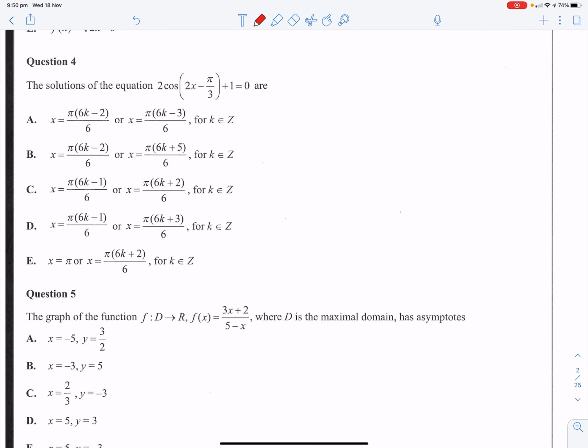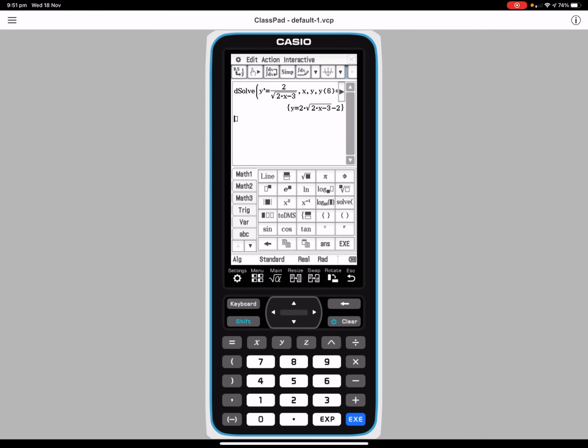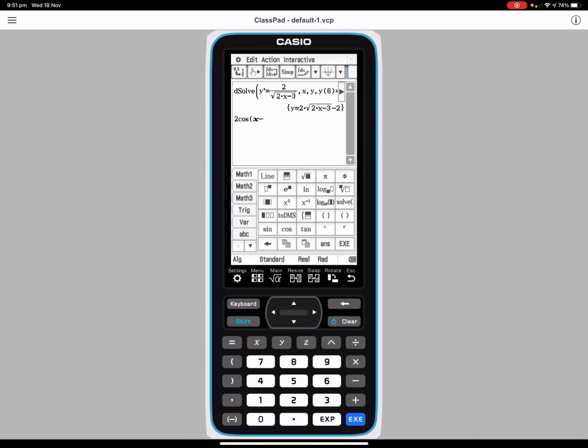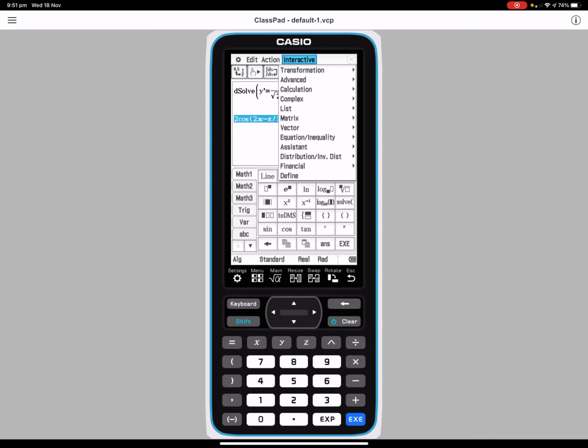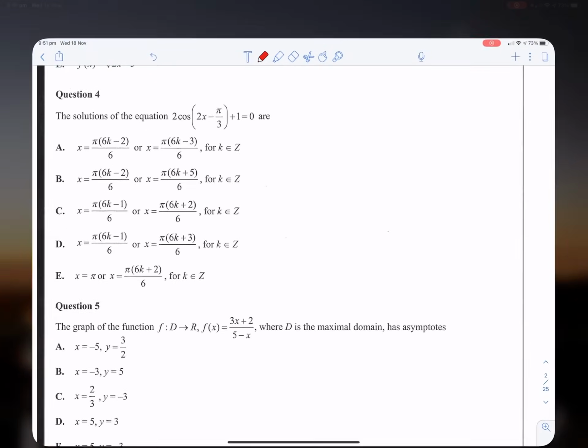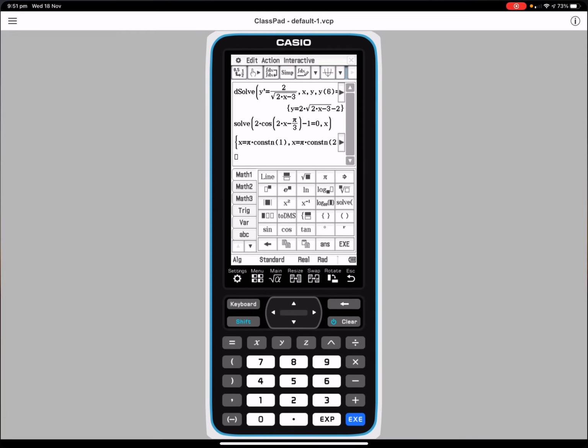Okay, here we want to solve this function. Let's just do it on the CAS. So 2 cos of 2x minus pi on 3, minus 1 equals 0. If it's not, I can always change it. Plus 1, of course it wasn't the right one.